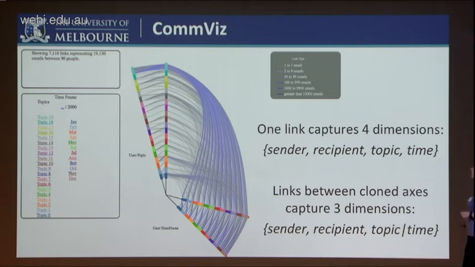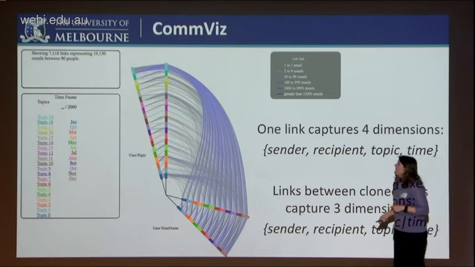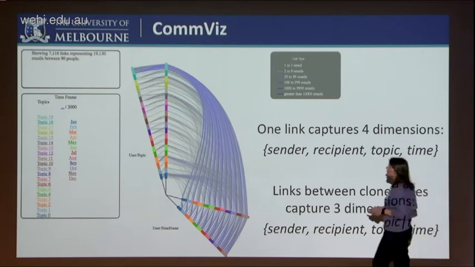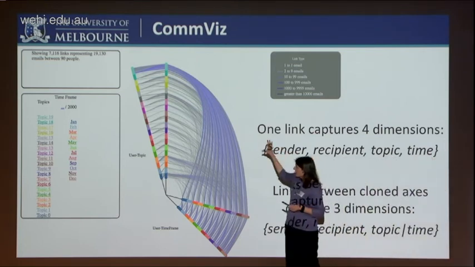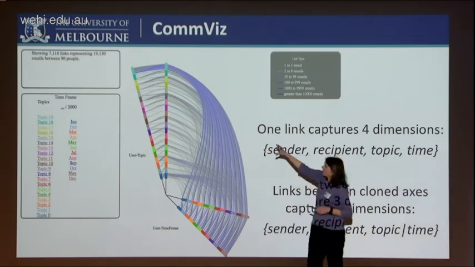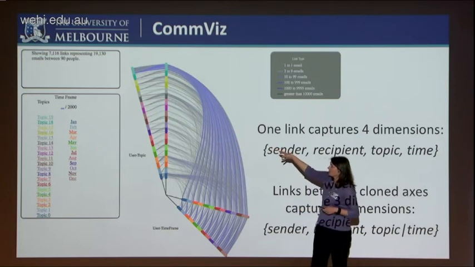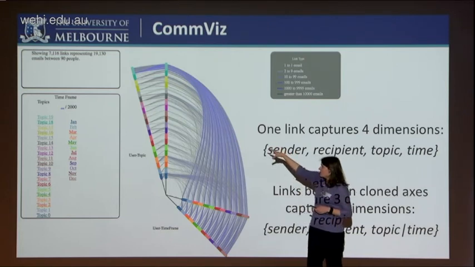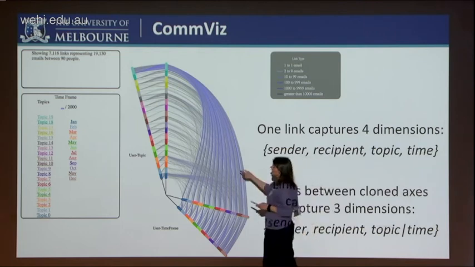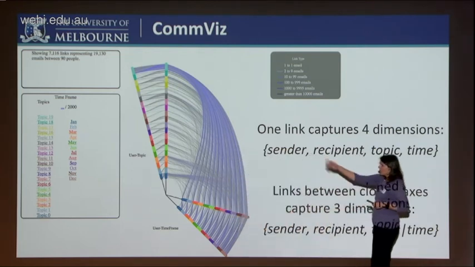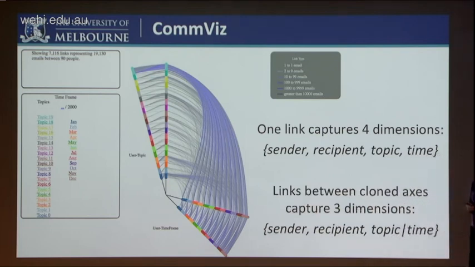This is a representation of part of the Enron data set. And so actually this one screenshot is capturing over 7,000 emails. 7,000 links representing 19,000 emails between 90 different people from that data set, organized into 20 topics, and one link again capturing all 4 dimensions.